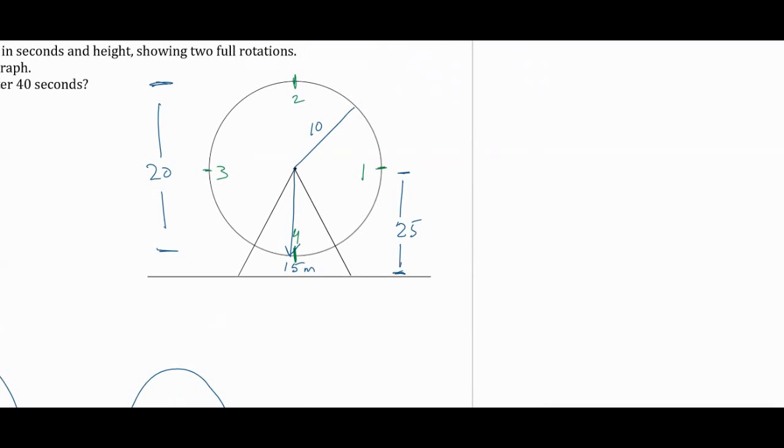And so the middle is 25. I'm going to go up 10 more because that's the radius. And the very top will be a distance of 35. Good.